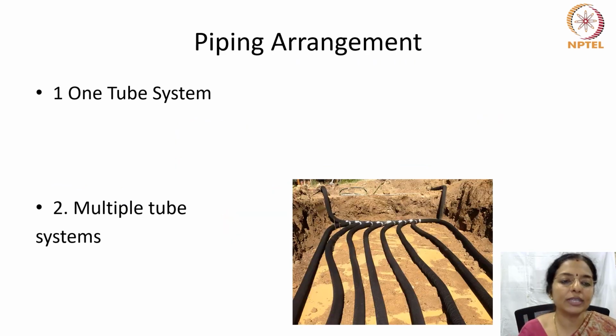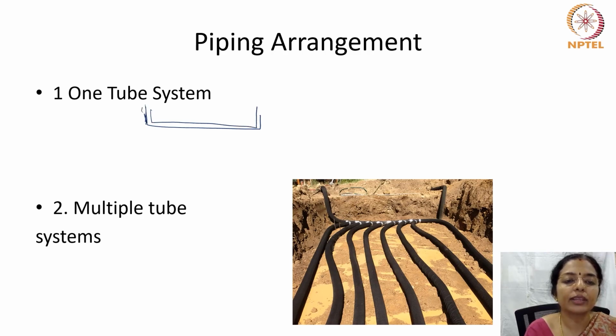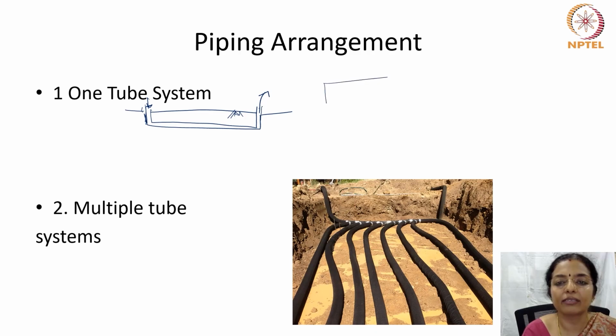So how is the piping arrangement? There are two kinds of piping arrangement. One is a one tube system where there is only one inlet and one outlet. When this is the ground, there is only one inlet and only one outlet. So if this is a pit, then you'll have only one pipe coming like this and leaving the soil.